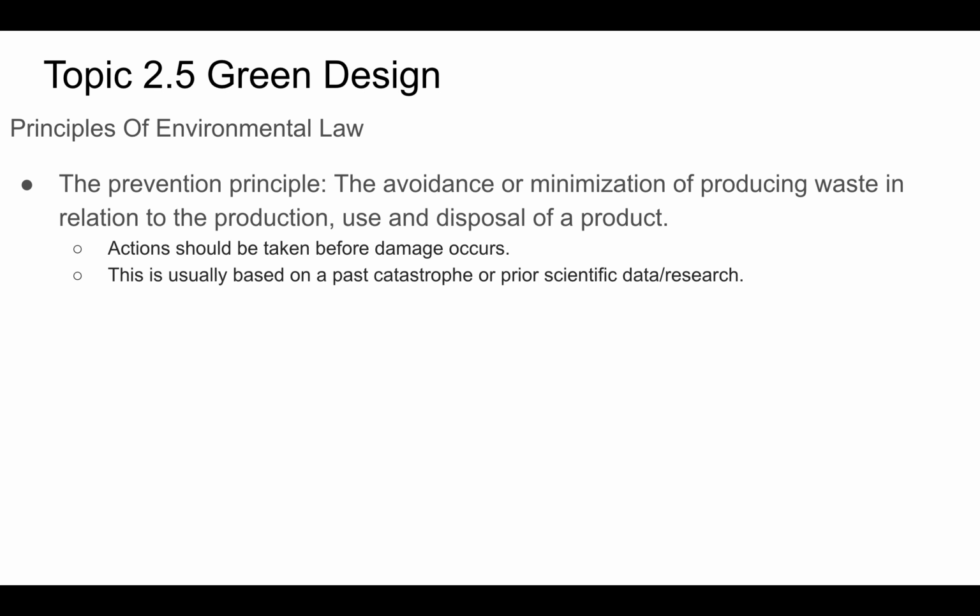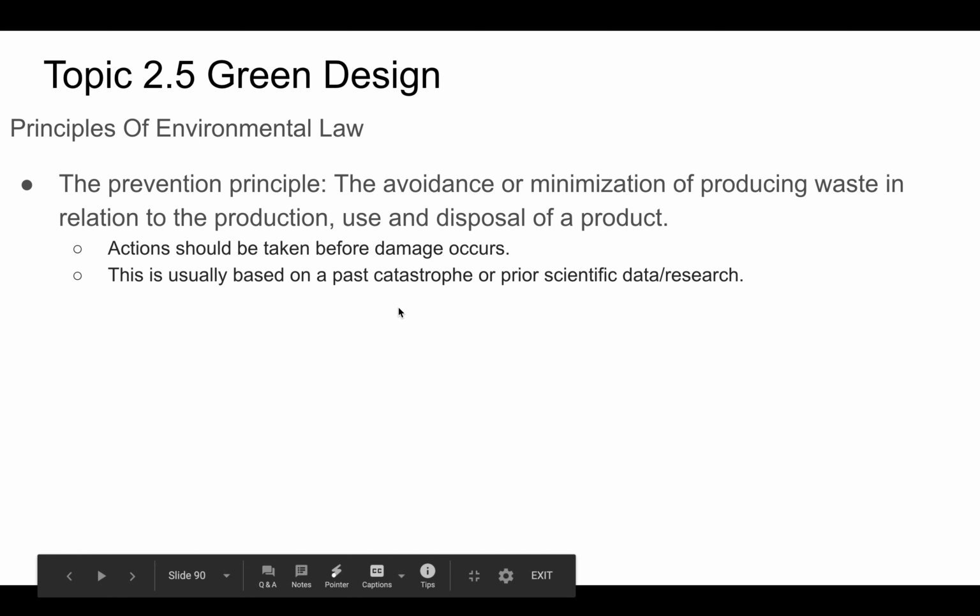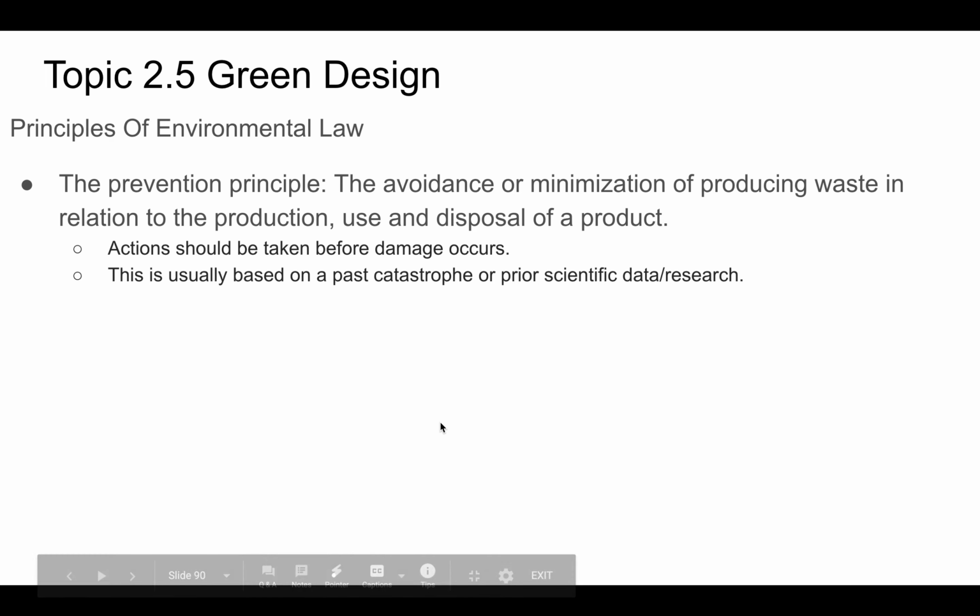But we know now that lead has a really huge impact on people's development, mental development. So it's really terrible to use. So there was a catastrophic amount of lead in the environment, and that caused people to just completely change. And now it's illegal to use lead paint. So you're preventing the production, okay, of those terrible things.